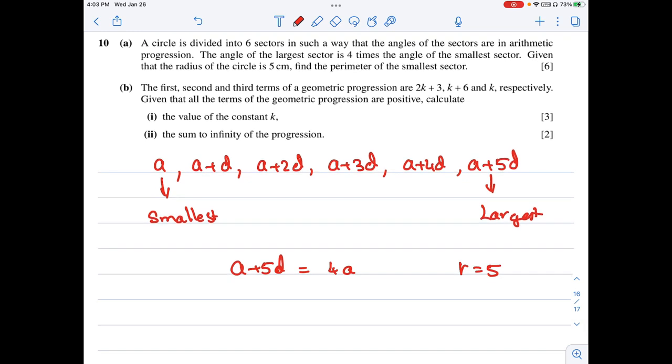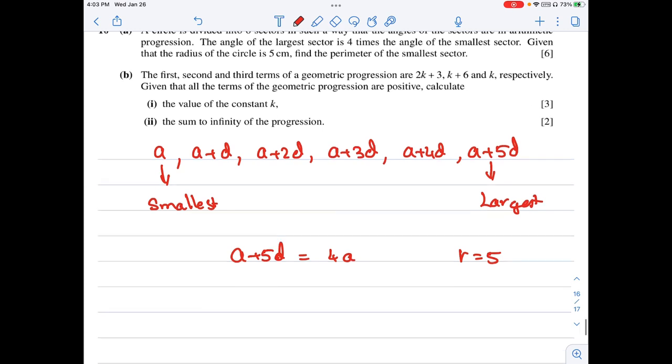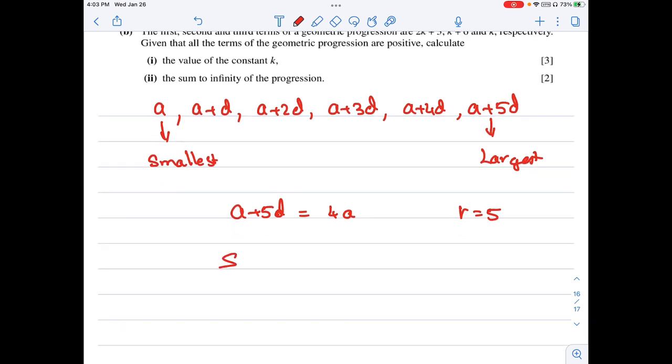Now, the angle of the largest sector is 4 times the angle in the smallest sector. Given that the radius of the circle is 5 centimeters, find the perimeter. So, we know that the sum of all angles is equal to 360 degrees, right? Sum of all the angles, because angle at a point is equal to 360.